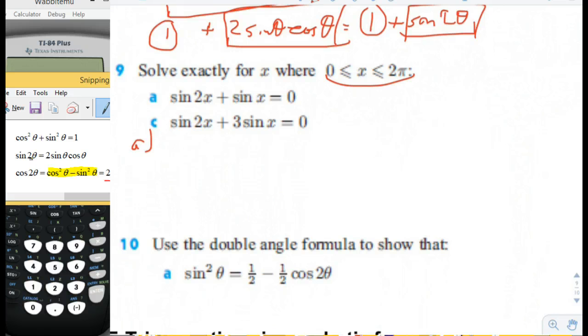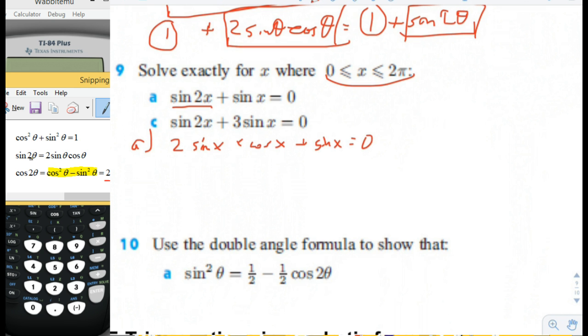So let's first try to change this double angle into a single angle. So instead of sine of 2x, we're going to put 2 sine of x times cosine of x plus sine of x equals 0.